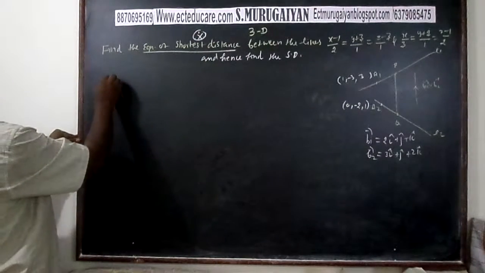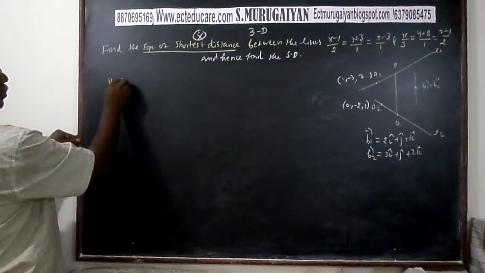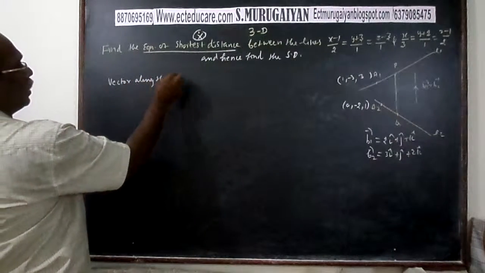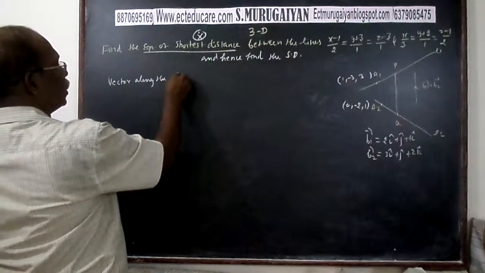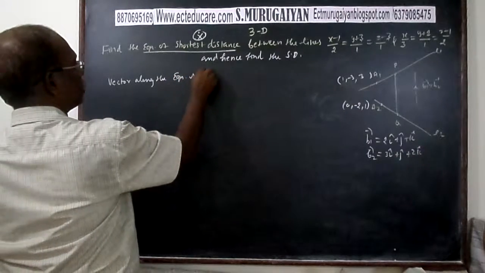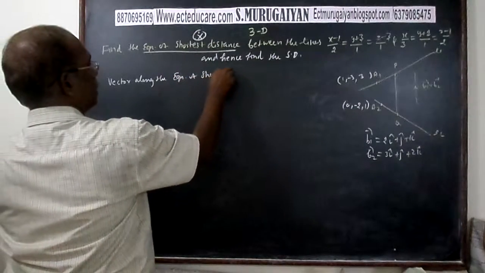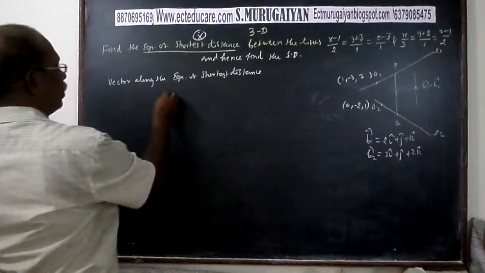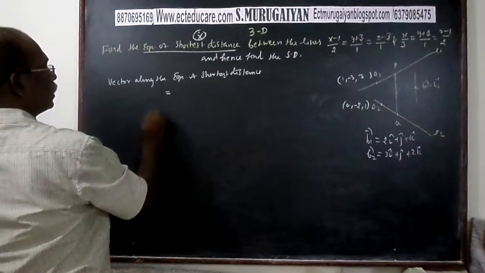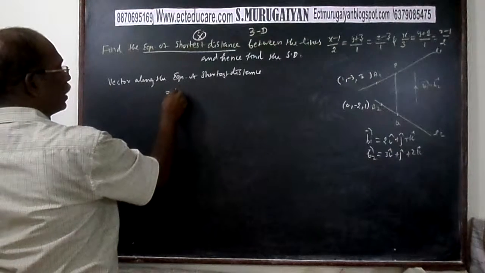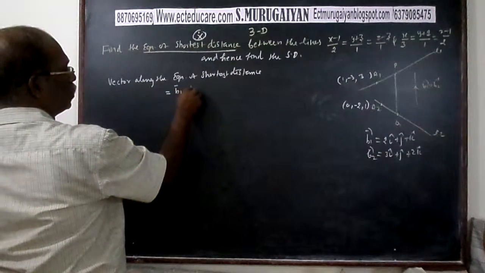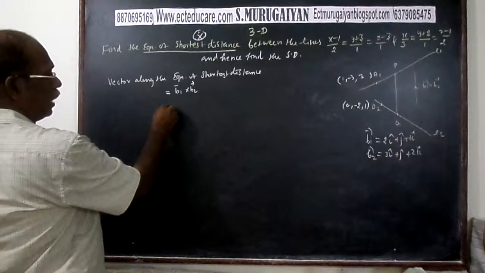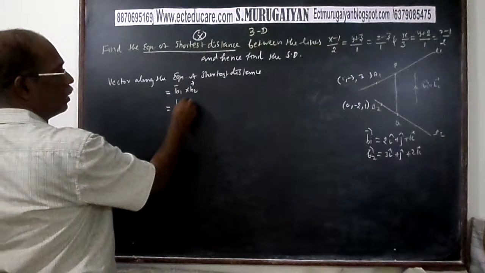So the vector along the equation of shortest distance is always B1 vector cross B2 vector. It can be computed using the determinant form.